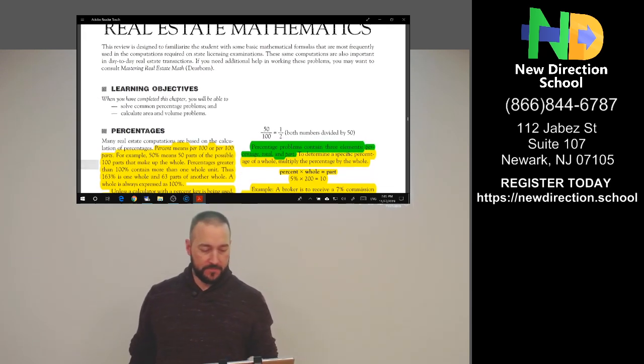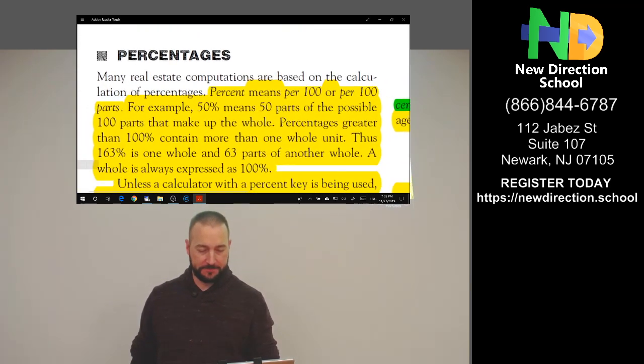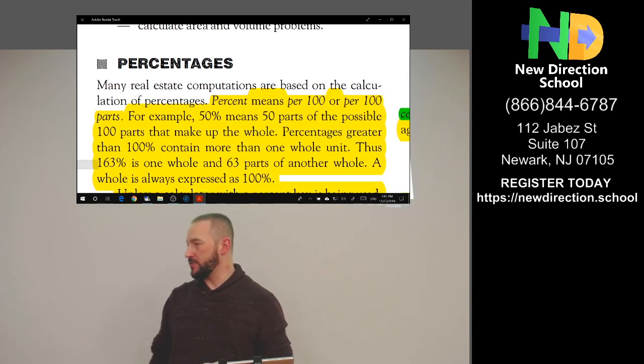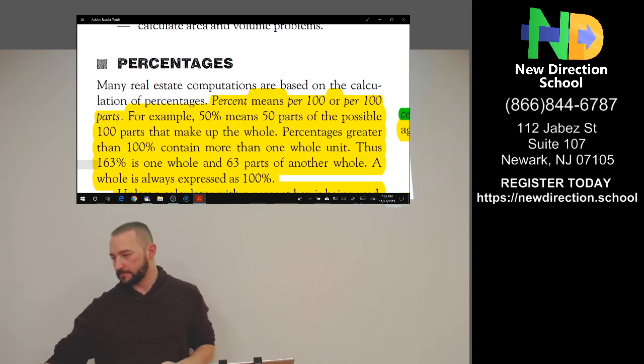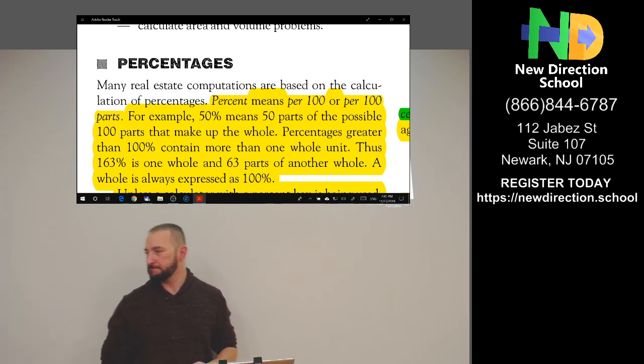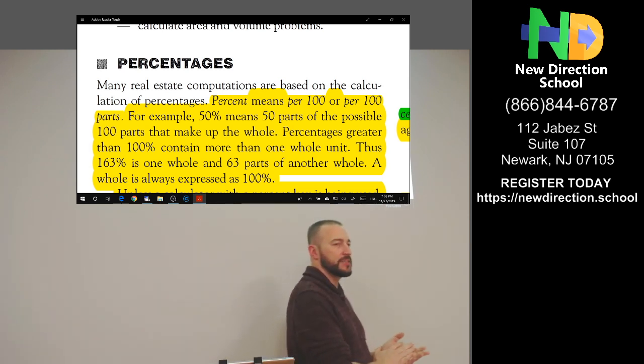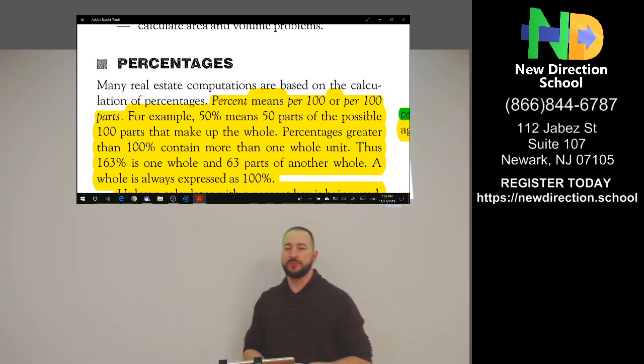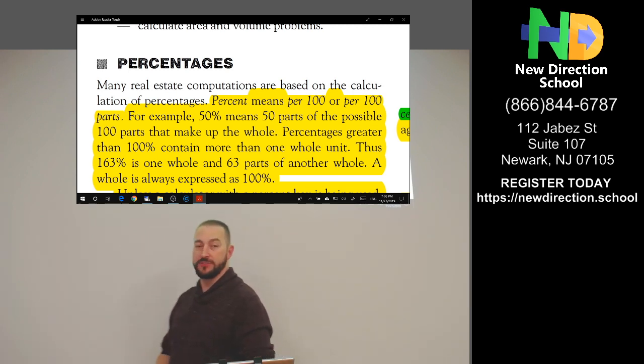So here's what we have first. We're going to start with percentages. It says right here, many real estate computations are based on the calculation of percentages.